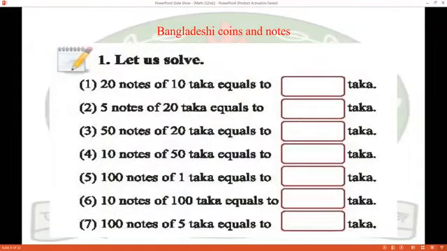So let's solve how many taka will be here in number 1, if you take 20 notes of 10 taka. 20 notes of 10 taka we find out by multiplication or addition process. 20 multiplied by 10, we get 200. So there will be 200 taka.